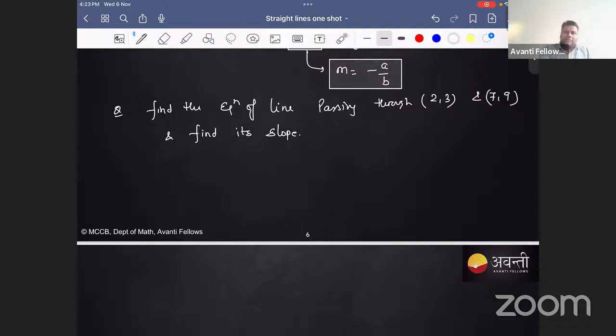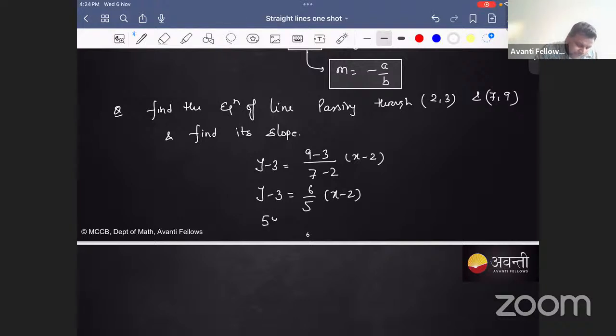What is the equation of line? So line is y minus y1 is (y2 minus y1) upon (7 minus 2), that is x2 minus x1, into (x minus x1). So it is y minus 3 is 6 by 5 into (x minus 2). So it is 5y minus 15 is 6x minus 12.